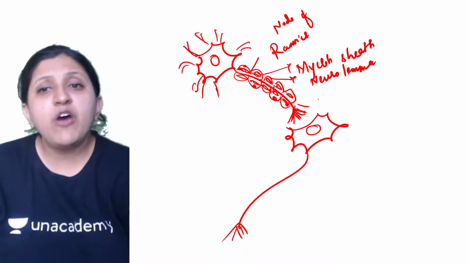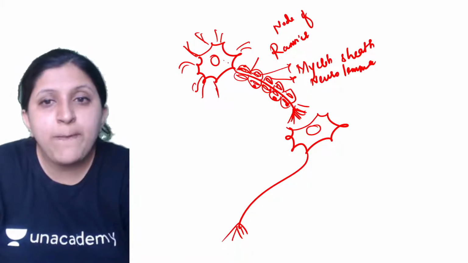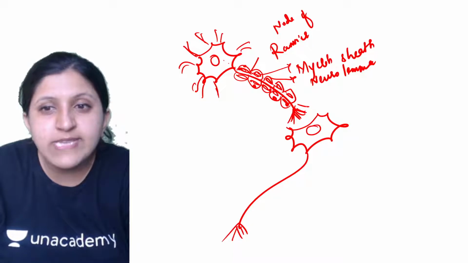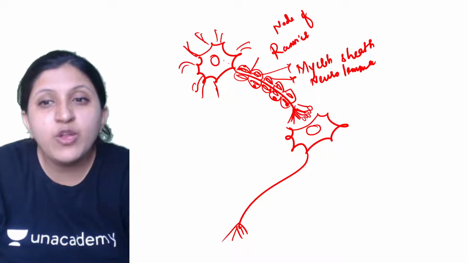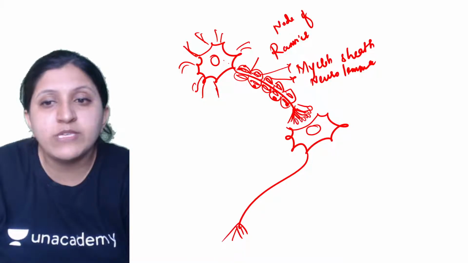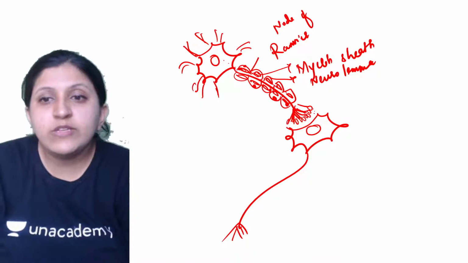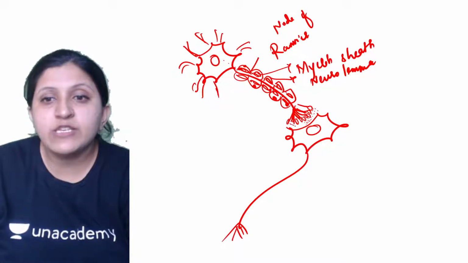Okay, so now as the information is carried from this one, the impulse is going to be transferred through these structures, and at the end of this axon terminal we can see a pouch-like structure where neurotransmitters are deposited. Okay, so as this impulse is sent here, these neurotransmitters are released from this particular structure called the axon bulb.